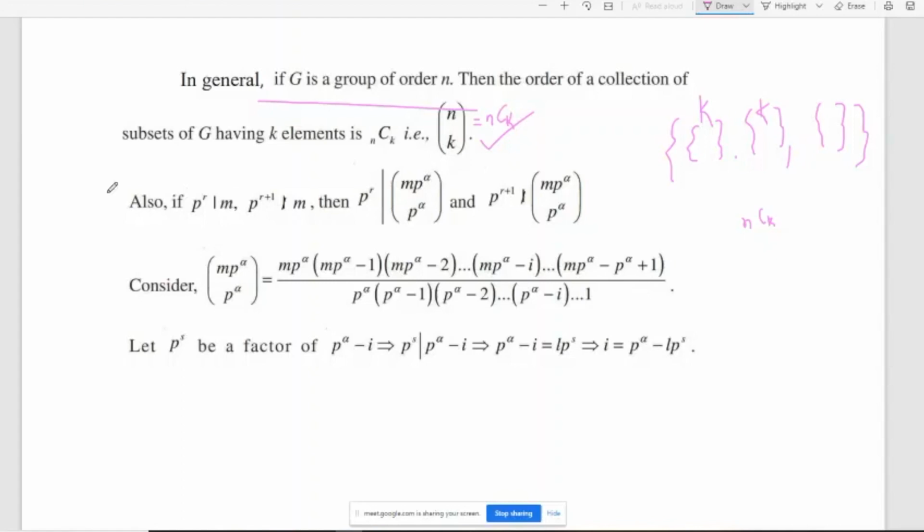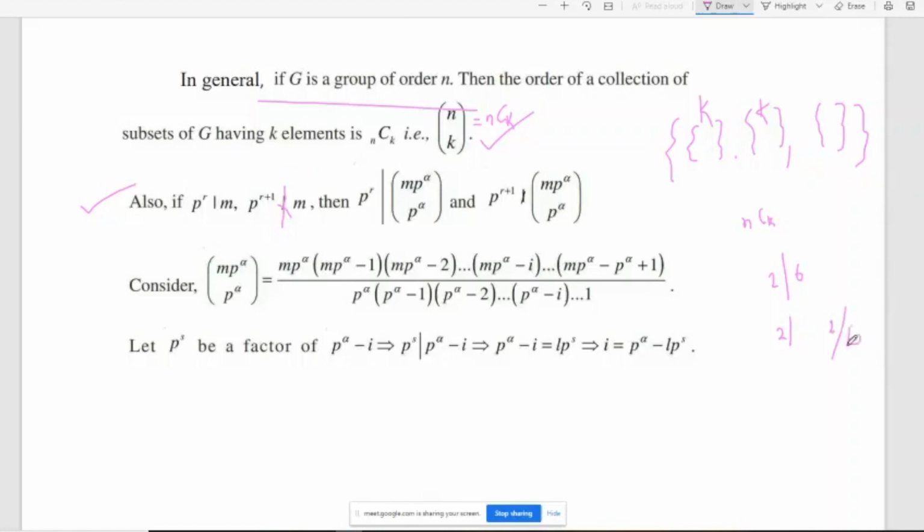Now, the other argument. What does it say? If p^r divides m and p^(r+1) does not divide m. When you write divides, as in dividing 6, you are supposed to write a straight line. It should not deviate like this or like this.